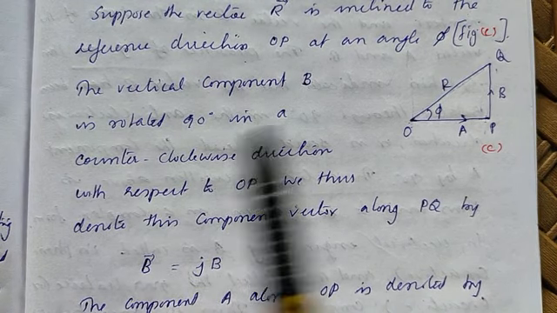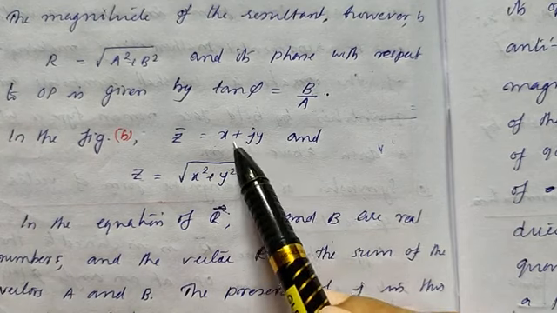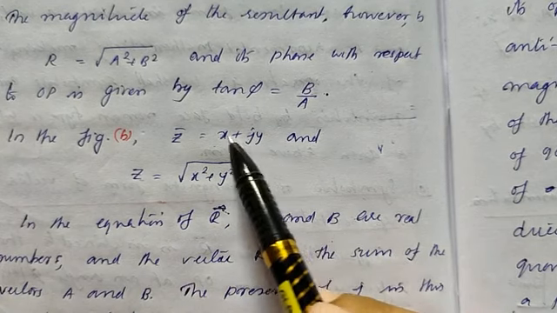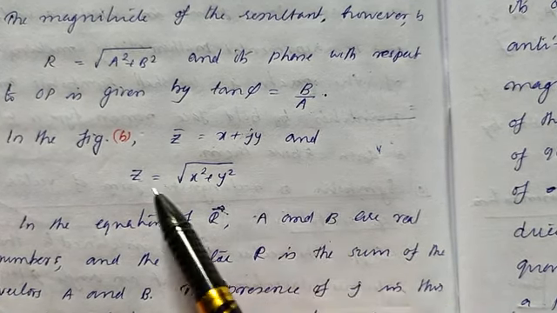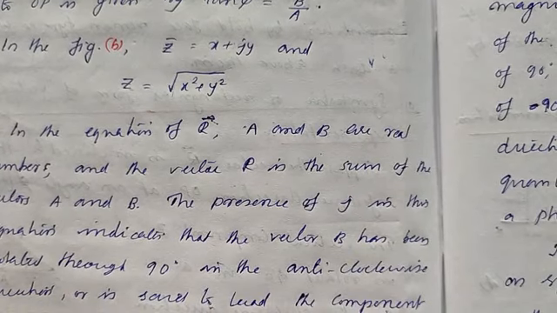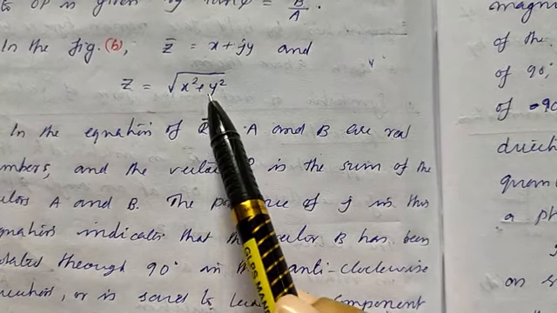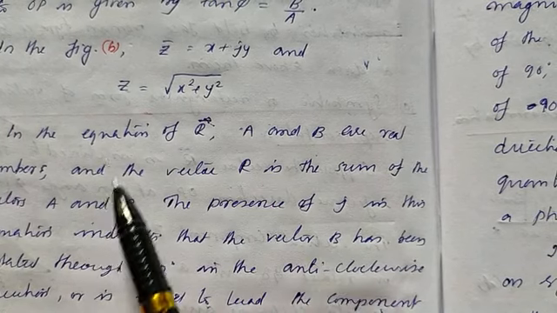So in the figure, Z is equal to X plus jY, and this is the figure we have represented in a diagram like this. Vector Z, a complex quantity, can be represented as X plus jY, and its magnitude is the square root of X square plus Y square, the sum of the squares of its reference component and quadrature component.